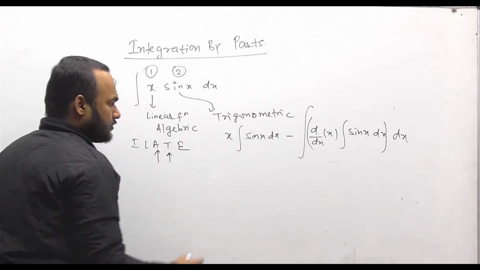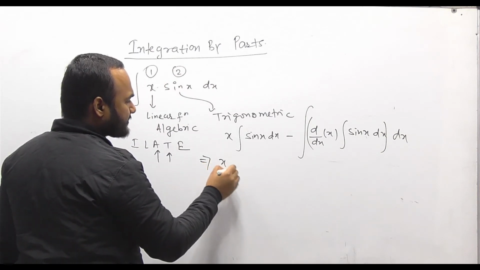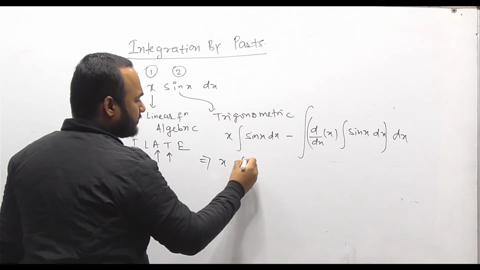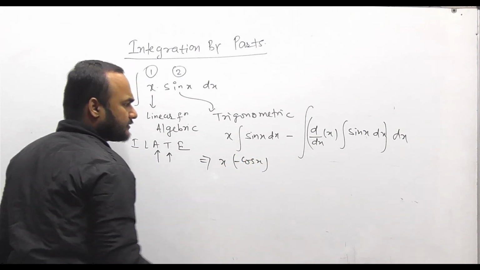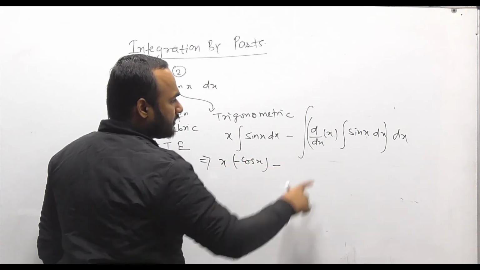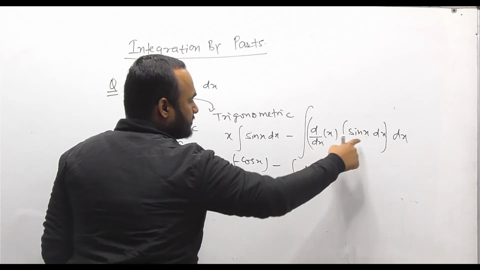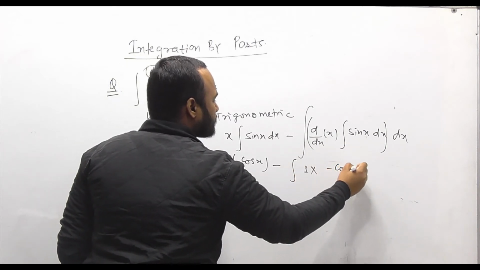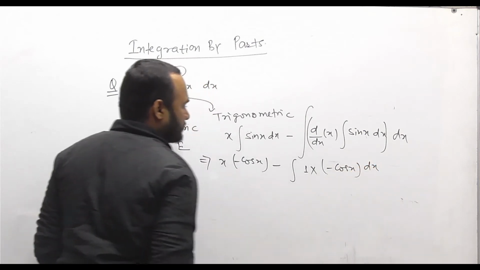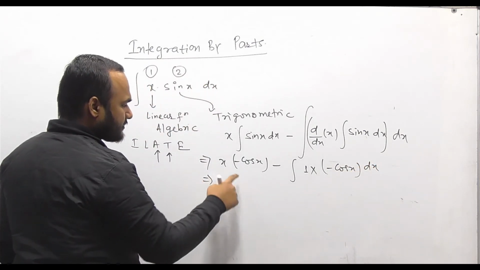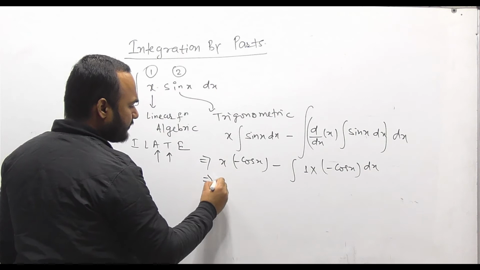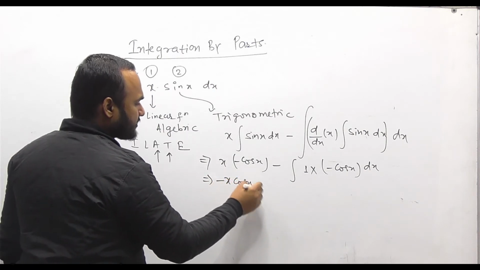Okay, so what will it become? It will become x times the integration of sin x, which is minus cos x, then minus the derivative of x with respect to x, which is 1, times the integration of sin x, which is again minus cos x, into dx. By multiplying, it will become minus x cos x.